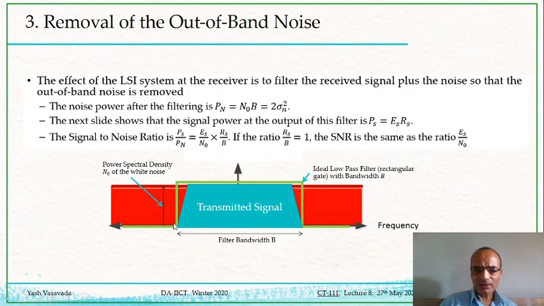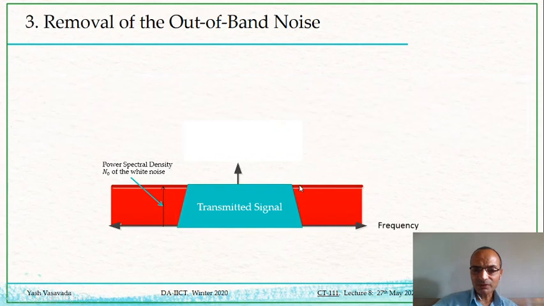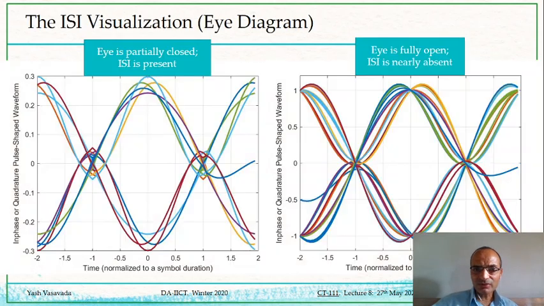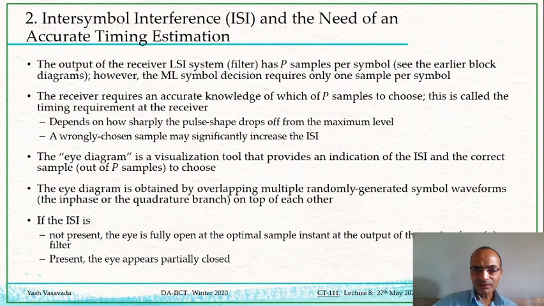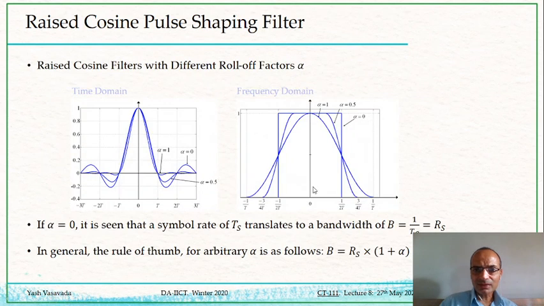Now you will notice that the actual filter is not rectangular in the frequency domain. The actual filter in the frequency domain has this shape. Let's say we use alpha equal to 0.5. Then it's not this ideal rectangular gate, but instead it will have this type of response.